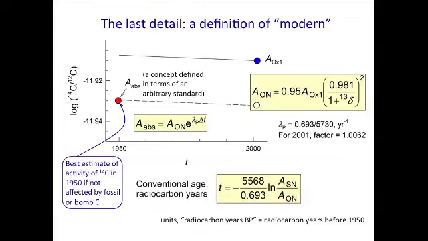So this is not anything that you could measure. It's a concept. And people made the best estimate of what the abundance of carbon-14 in the atmosphere in 1950 would have been if it hadn't been for the Industrial Revolution.